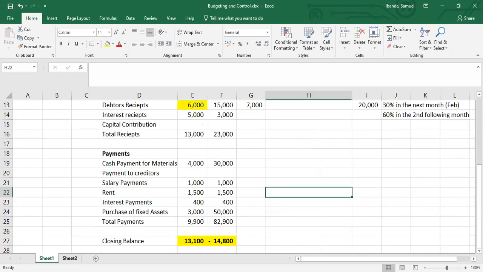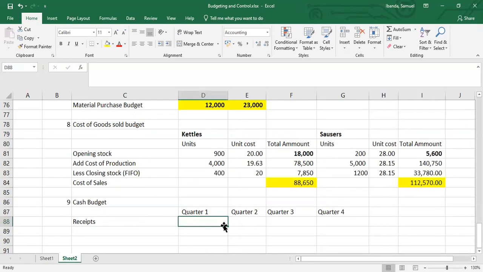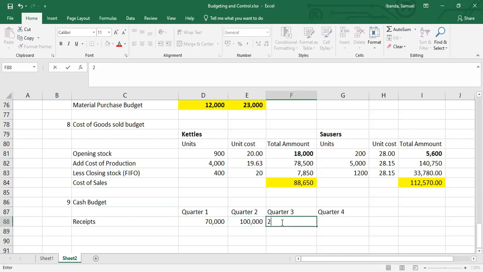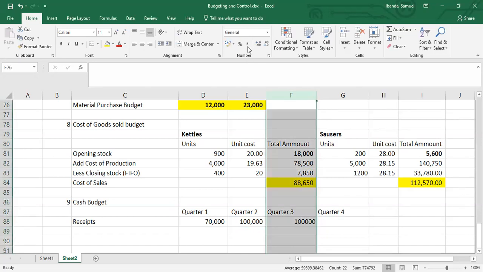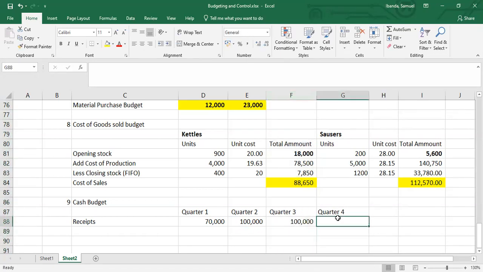So quarter 1, when you look at our question, they gave us 70,000. Quarter 2 is 100,000, and quarter 3 is also 100,000. And then quarter 4 is 40,000. Of course, we can also have the total here.